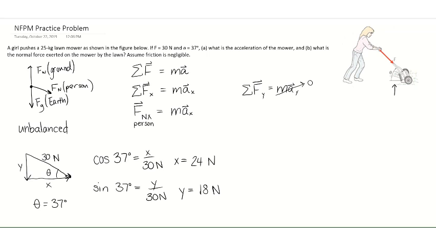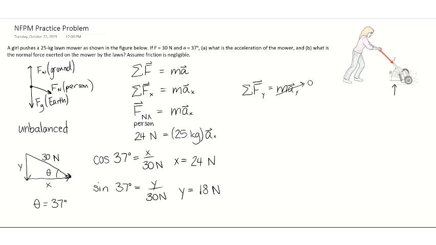Well, I know what that x component is. That's 24 newtons. And I know the mass of the lawnmower, so I can calculate the acceleration. 24 newtons is equal to that mass, 25 kilograms, times the x component of acceleration. On my calculator, it was more like 23.9591.